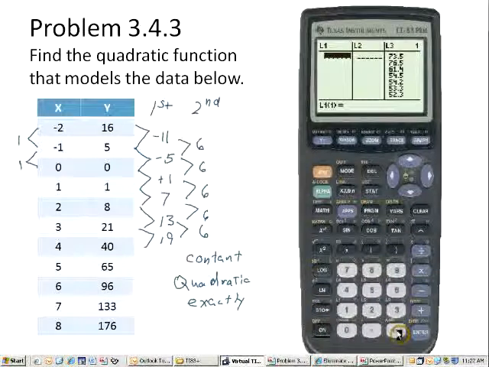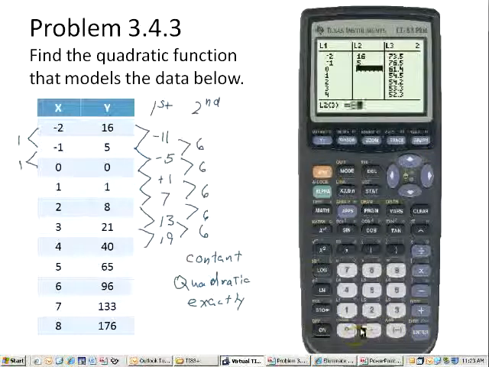Under the L1 column, I'll put my x's, so that's going to be -2, enter, -1, enter, 0, enter, 1, enter, 2, enter, 3, 4. Hopefully I haven't made any mistakes. 5, 6, 7, and we had an 8. For the next one, if I scroll over to the L2, my first one was 16.